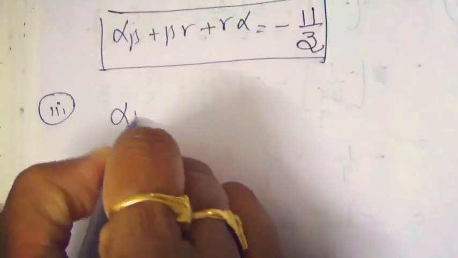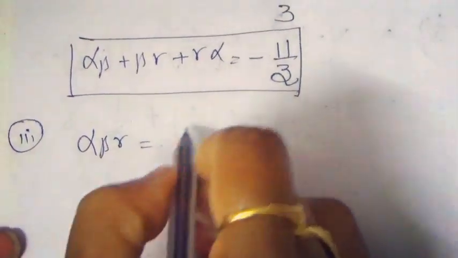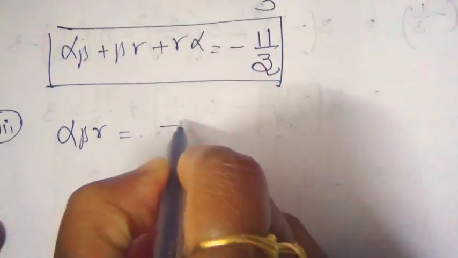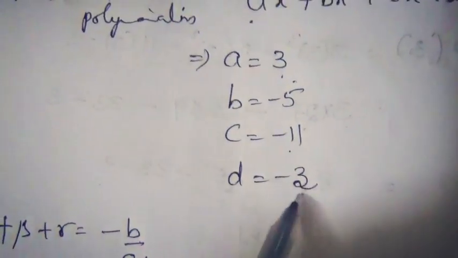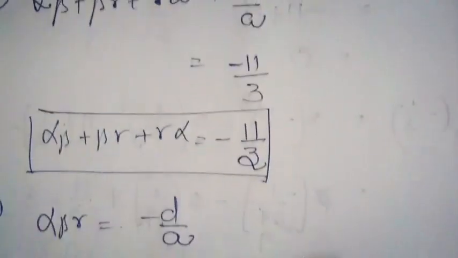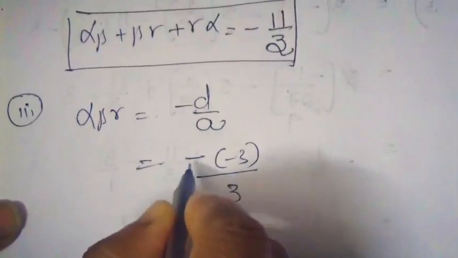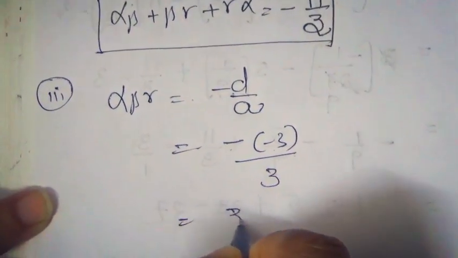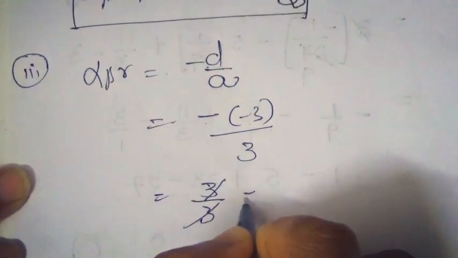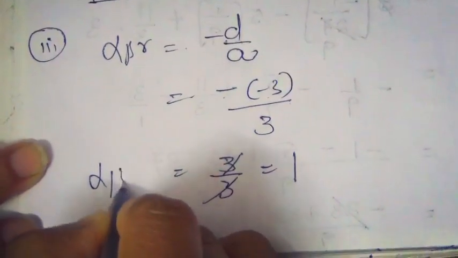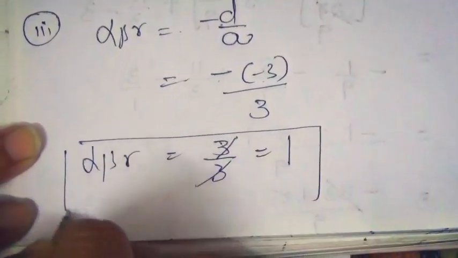The third one, alpha beta gamma, is equal to minus d by a. What is the value of d? Minus 3, and a value is 3. So minus of minus plus 3 by 3. When you cancel it, you will get 1. So that is the value of alpha beta gamma.